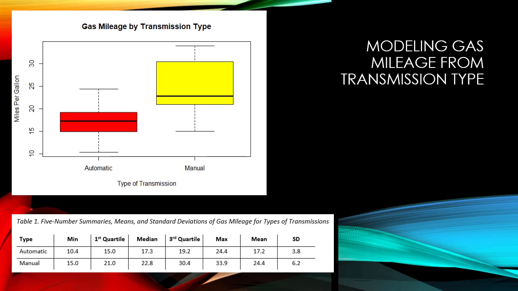For example, suppose we're modeling gas mileage from transmission type. So here we have cars with automatic transmissions, cars with manual transmissions.